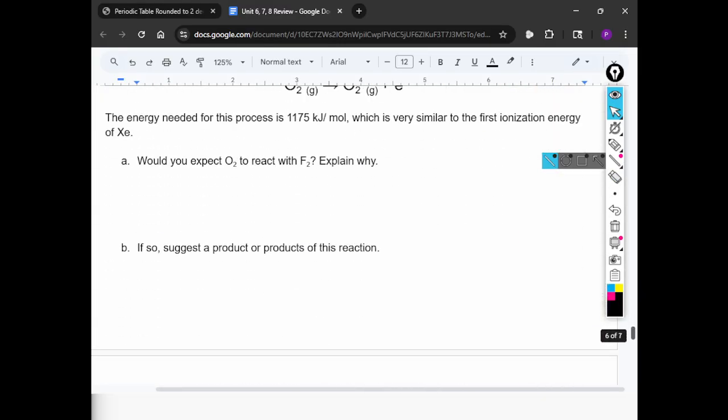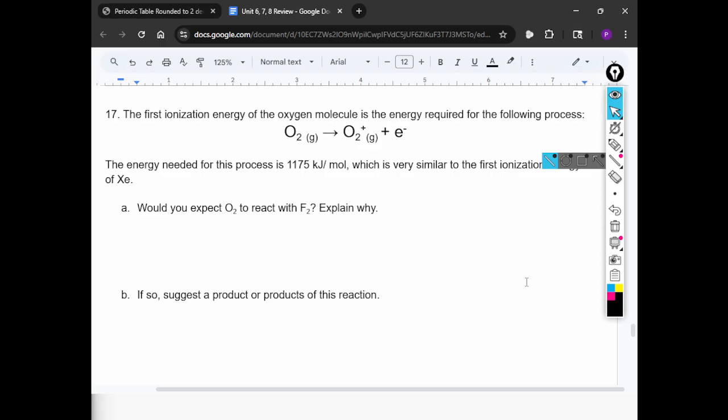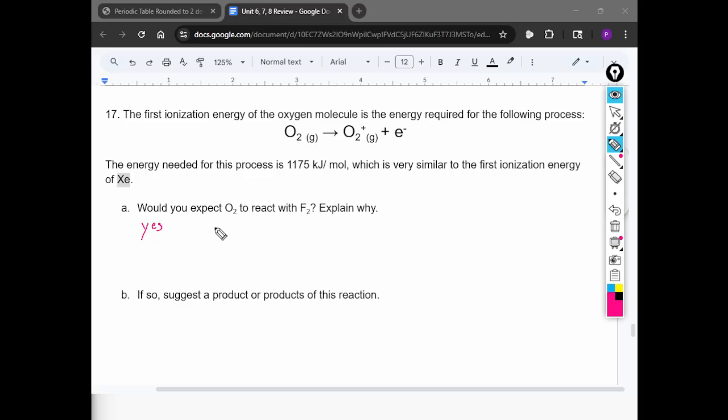So if we take a look right here, we're going to be taking a look at O2. Now, if O2 has a similar ionization energy as xenon, and xenon can react with fluorine, what do you think? Do you think O2 can react with fluorine? Yes, it can, because it has a very similar ionization energy to xenon. So the answer would be yes. Would you expect O2 to react with fluorine?